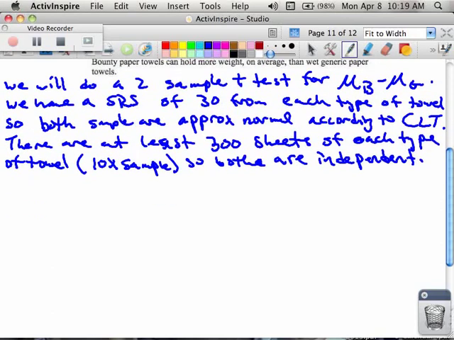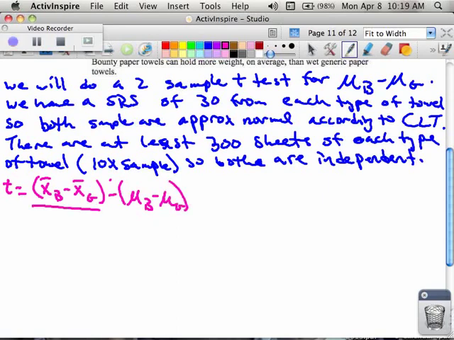And then we, of course, do our math. So when we find our t-value, in this case it will be the x bar Bounty minus the x bar generic. And then we're going to subtract off, oh shoot, sorry, our mu of the Bounty minus the mu of the generic.